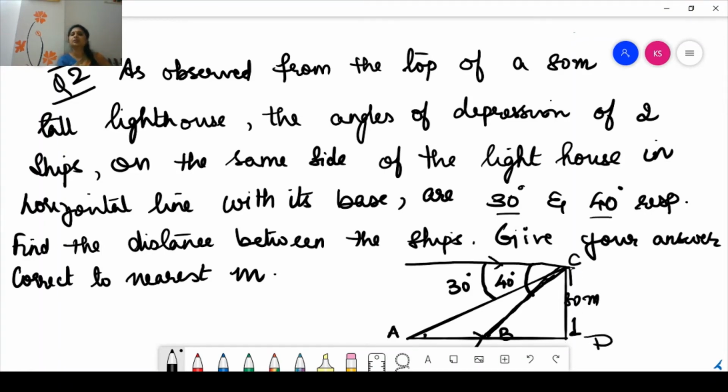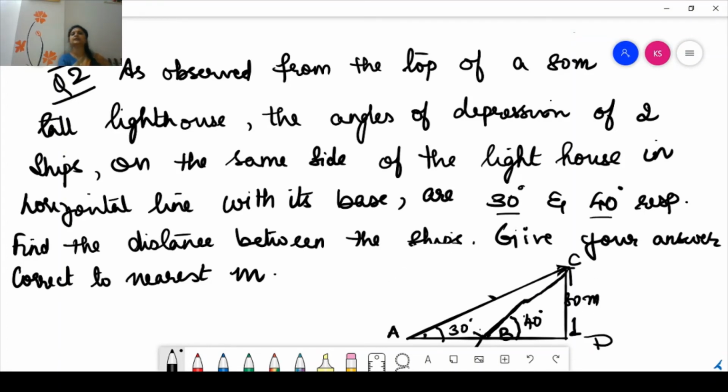From C, whatever the angle of depression is towards B, the same angle will be formed from B to C. So this one will be 40 and C to A is 30 degrees. So from A to C is going to be 30 degrees. So mark this. Now we have converted the angles of depression into angles of elevation. So now this is our new figure.